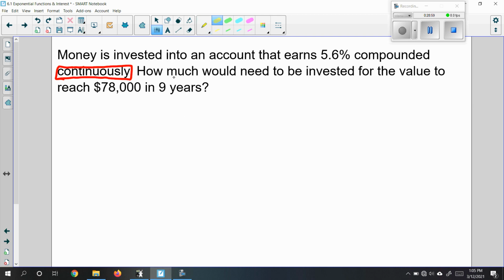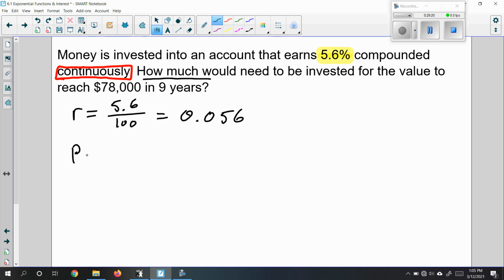So here's our interest rate. R is going to be equal to 5.6 divided by 100. So R is 0.056. How much would need to be invested?